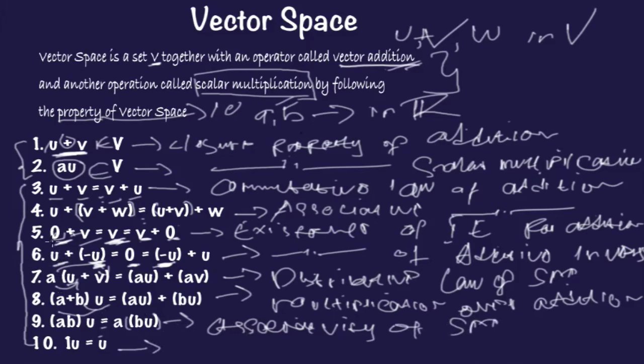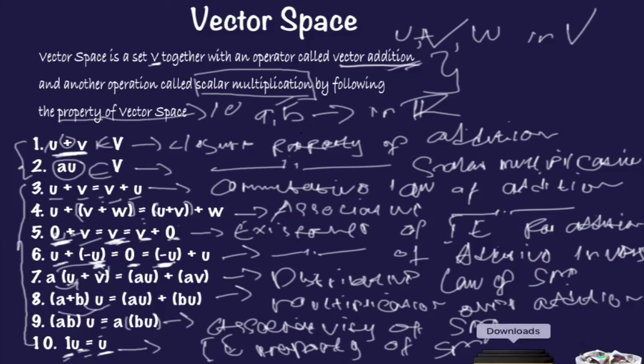And then if we have an identity element in addition, we have the identity element for scalar multiplication. Any vector u, if we multiply it with 1, will be the vector itself. So 1 times u results in u, and we can say that it is the identity element property of scalar multiplication.